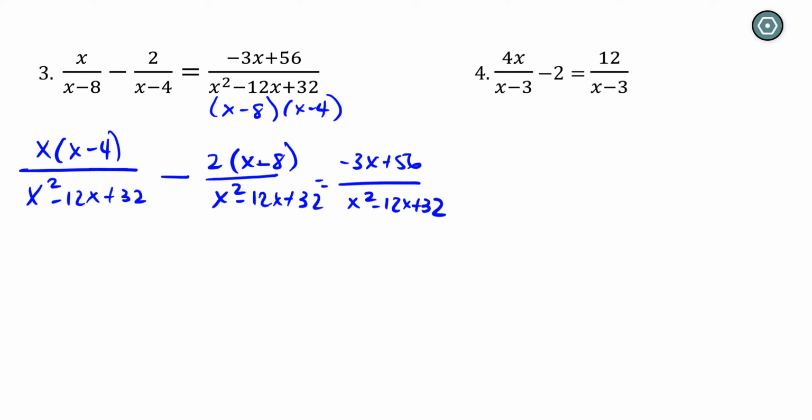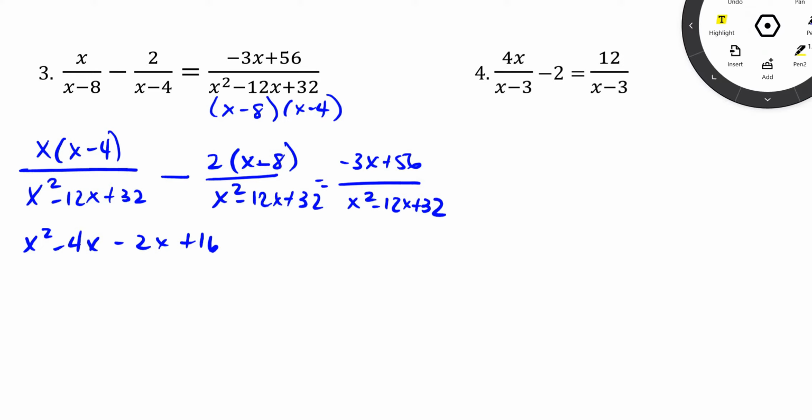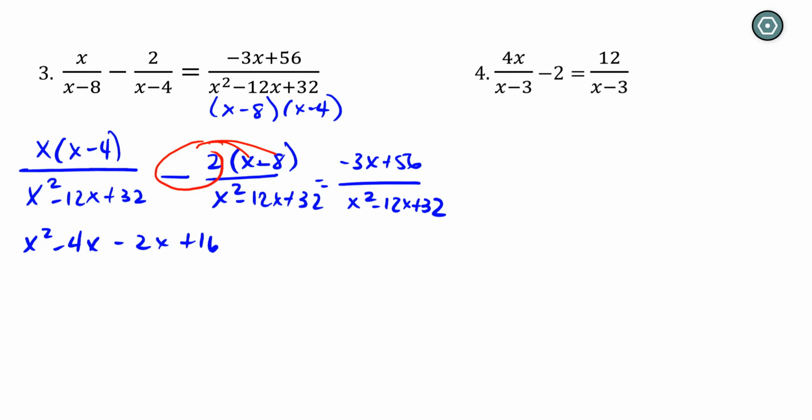Rewrite this and distribute, so I have x squared minus 4x minus 2x plus 16. Remember, when you distribute there, you're distributing this negative 2 to both. So the negative 8 and the negative 2 become positive, equals negative 3x plus 56. So now I've got to get everything set equal to 0.